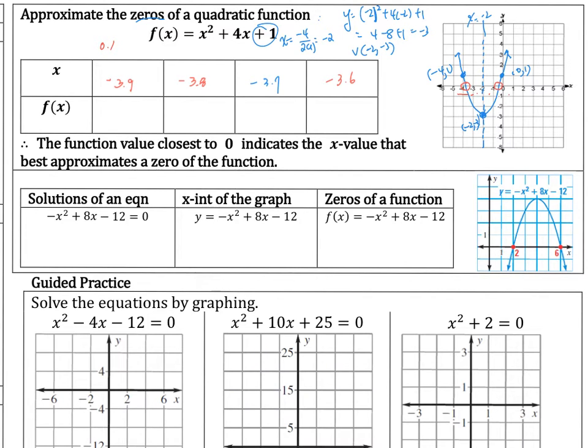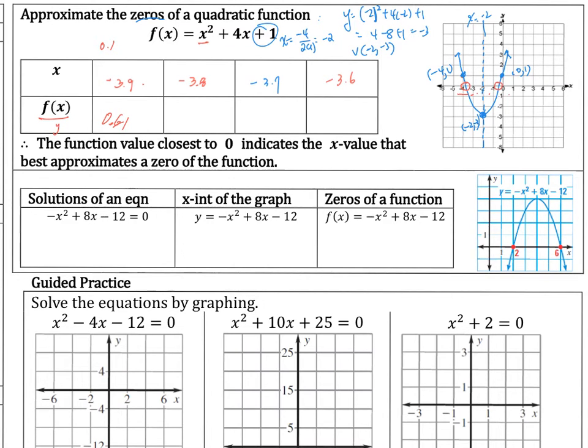I already know at -4 my y value will be 1. So I want to know what f of x would be when x is -3.9. When I substitute -3.9 in for x, I should get about 0.61.